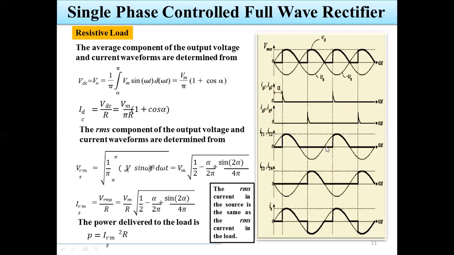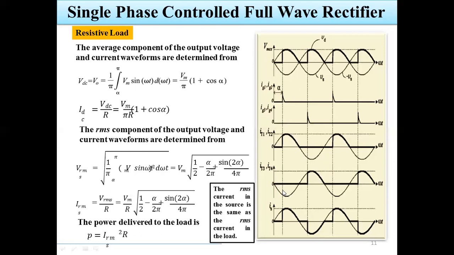In the negative half cycle, thyristors T1 and T2 will be turned off, so it is shown with 0 magnitude. Next, up to 2 pi plus alpha it should be 0 again. At 2 pi plus alpha, T1 and T2 will conduct.